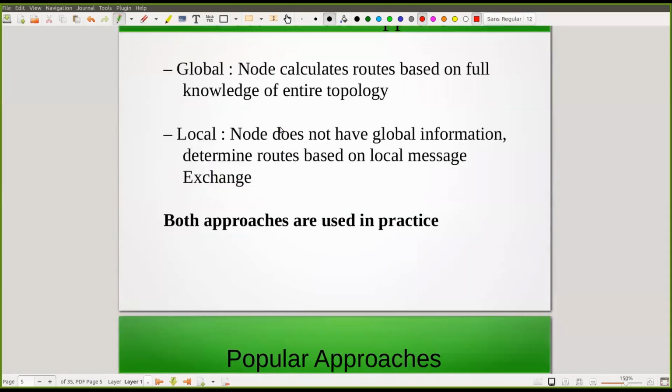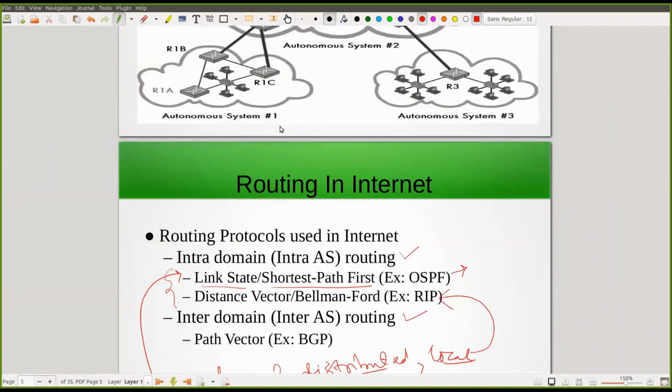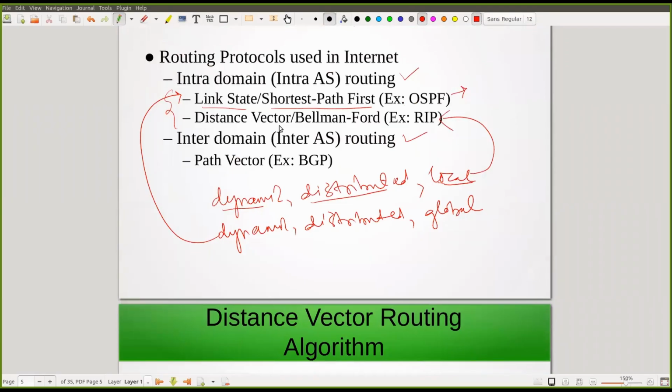So if I look back at this concept, my distance vector or Bellman-Ford equation is following dynamic distributed local knowledge, whereas my link state approach is following dynamic distributed global knowledge. And this is the most popular algorithm being used in the internet.